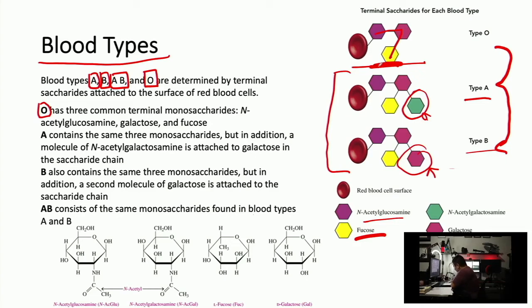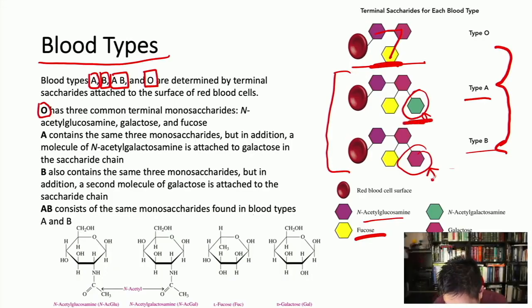The problem comes when you try to introduce one of these extra saccharides into a blood type that doesn't have them. For example, trying to donate type A blood into an O-type blood patient, right? That would create an immune response because this would be considered an antigen, right?